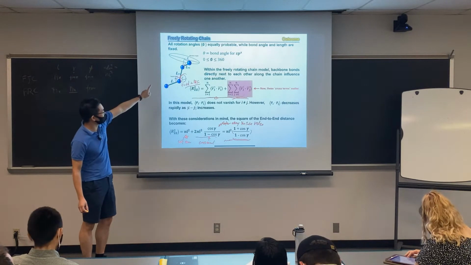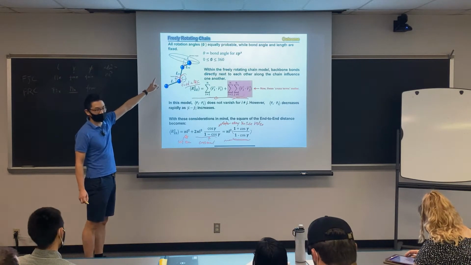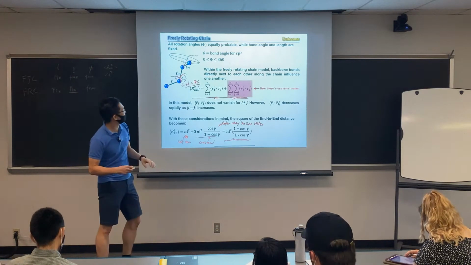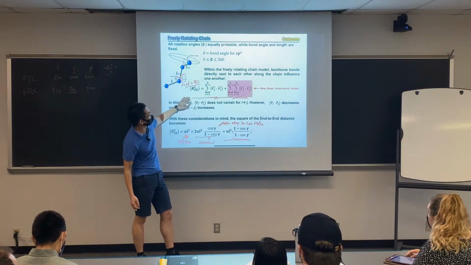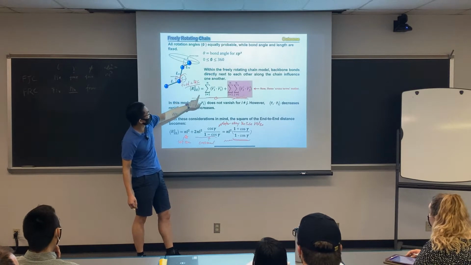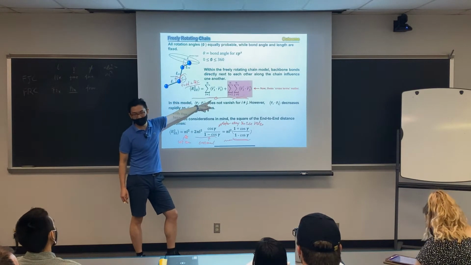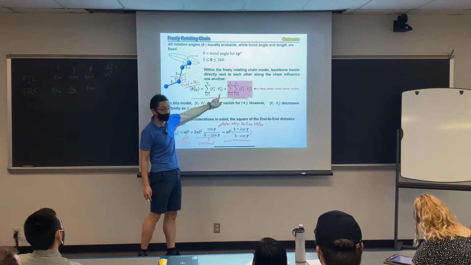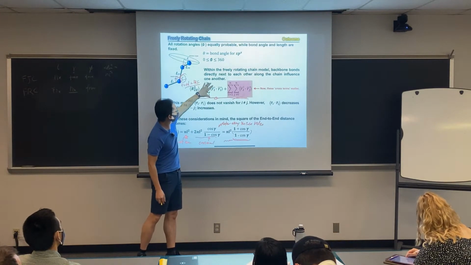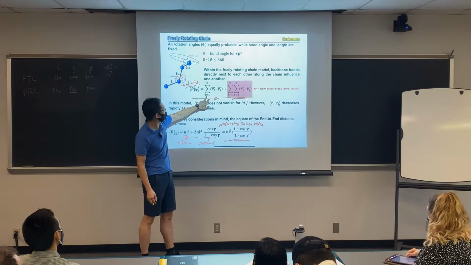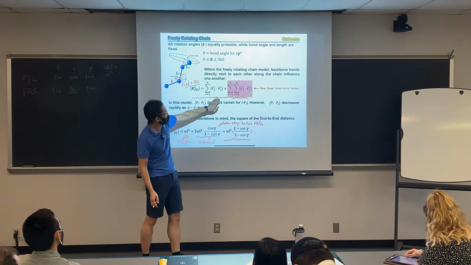So that's today's lecture, free rotation chain. With the free joint chain, this is where we arrived at in the last lecture. We have a self term, Ri dot Ri, which is the dot product of itself, and this term comes to R squared equals N L squared.